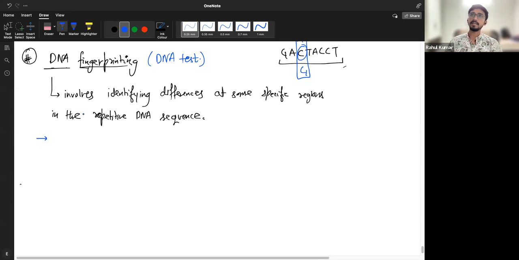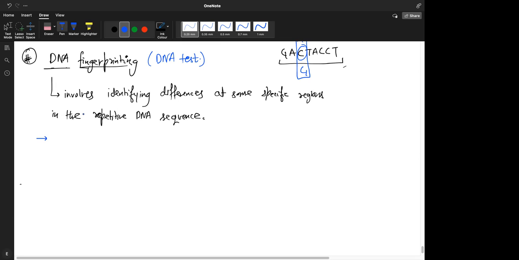through density gradient centrifugation. Can you repeat the whole point?